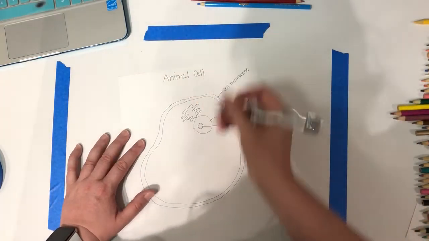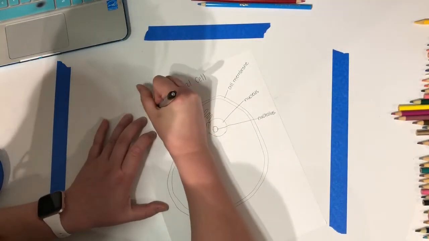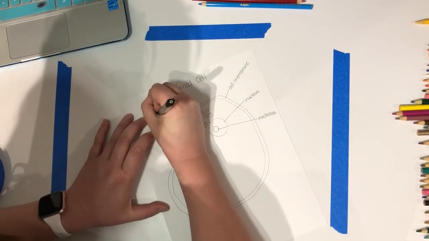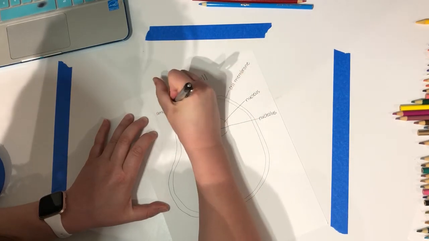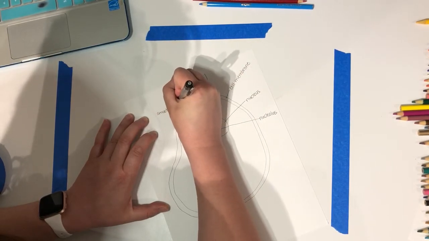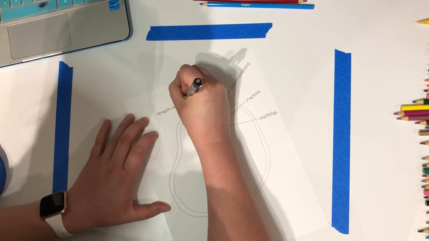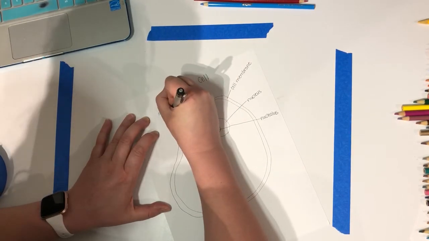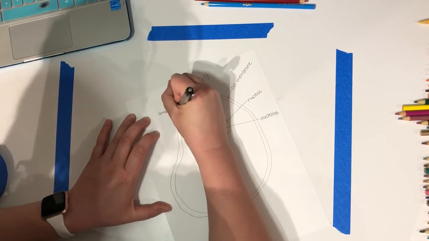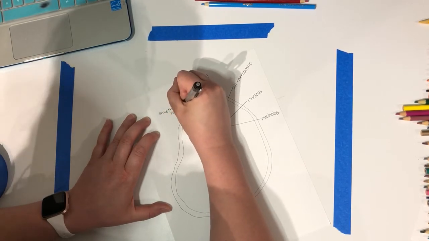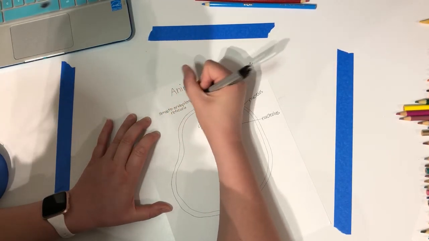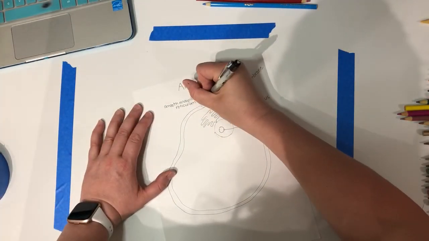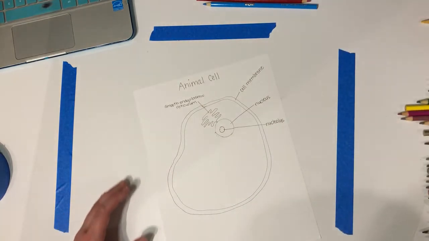So this will be our smooth endoplasmic reticulum, and that's here.